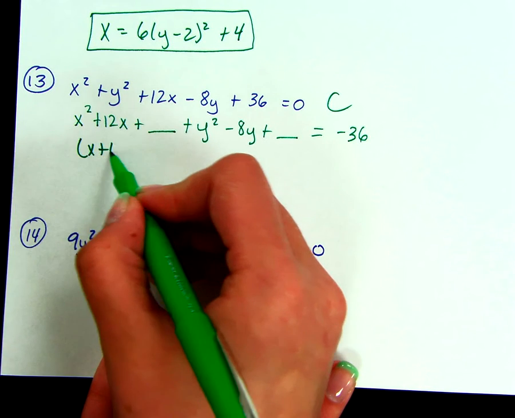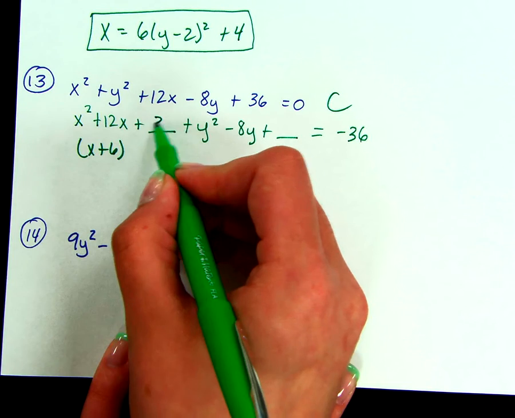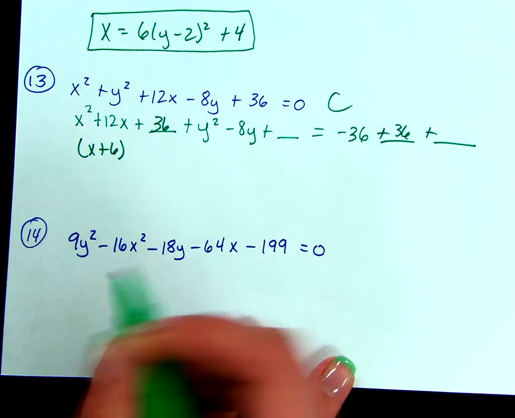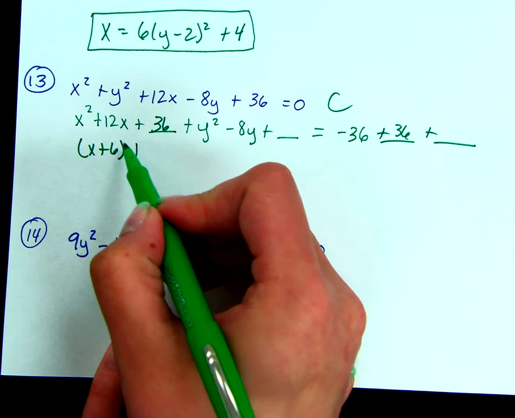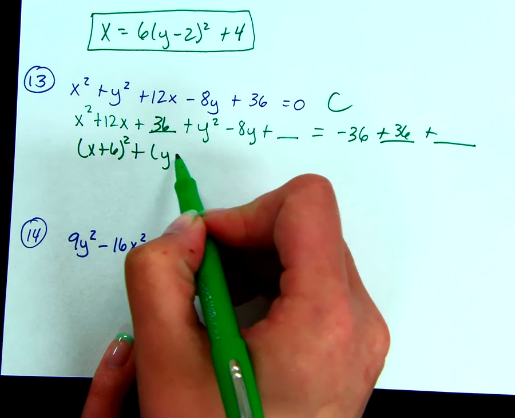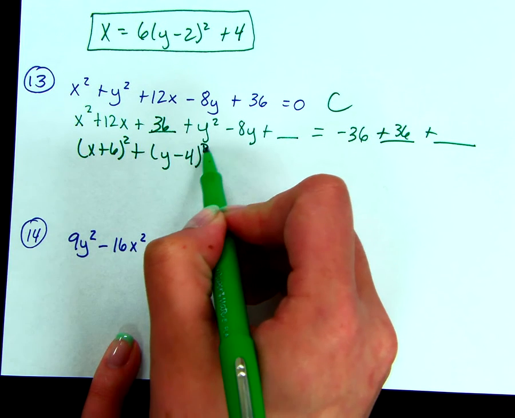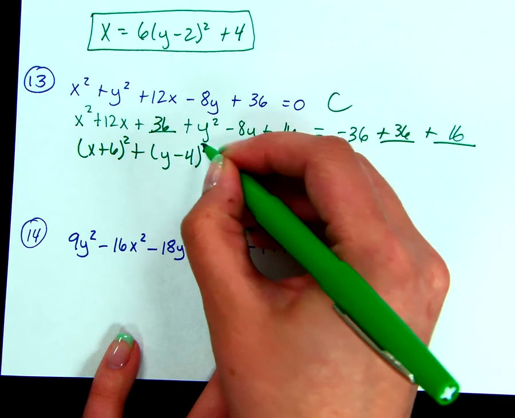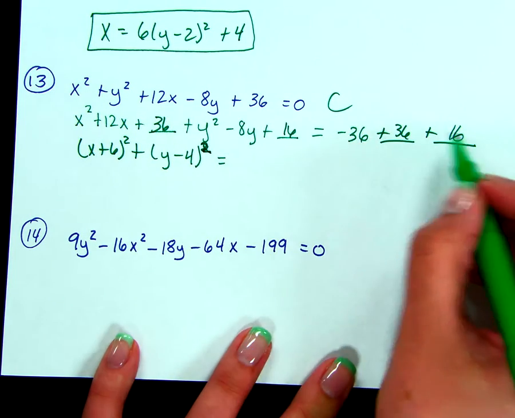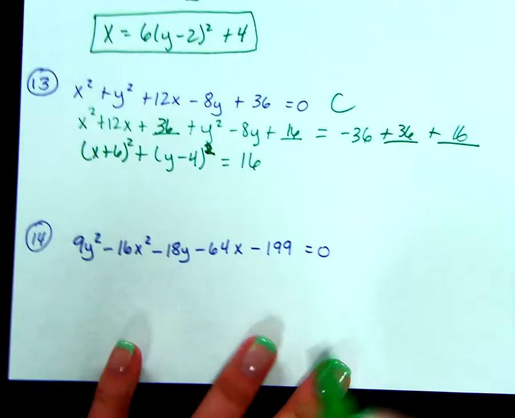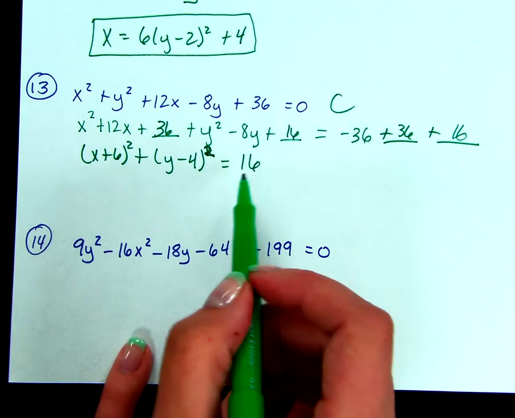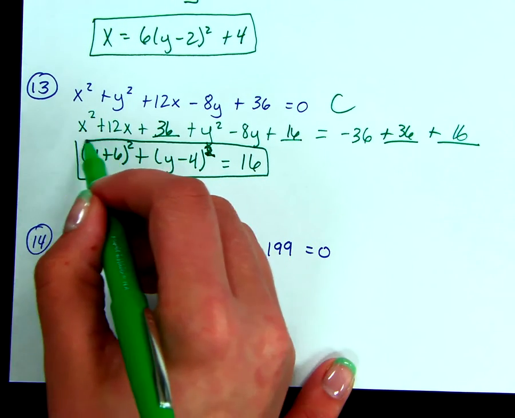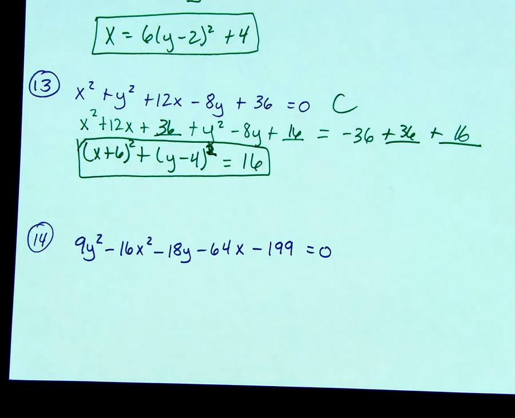So this will be x plus 6. 6 squared is 36, so I need to add that to both sides. And then y minus 4 squared. So 4 squared is 16. And then if we combine, that is just going to be equal to 16. So for our circle, we're going to leave our number on that side this time. So this is our final answer.